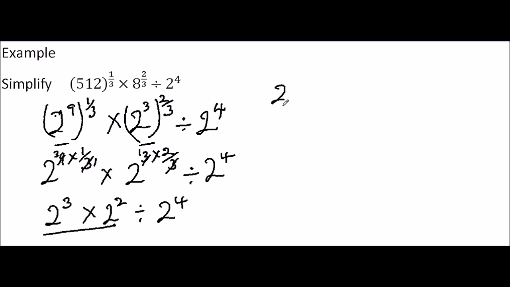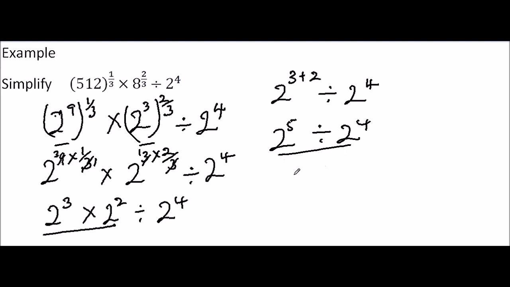So we say this is 2 to the power 3 plus 2, divided by 2 to the power 4. So this will give us 2 to the power 5 divided by 2 to the power 4. We apply the second law of indices. We have 2 to the power 5 minus 4, which finally gives us 2. So the simplification of this expression is equal to 2.